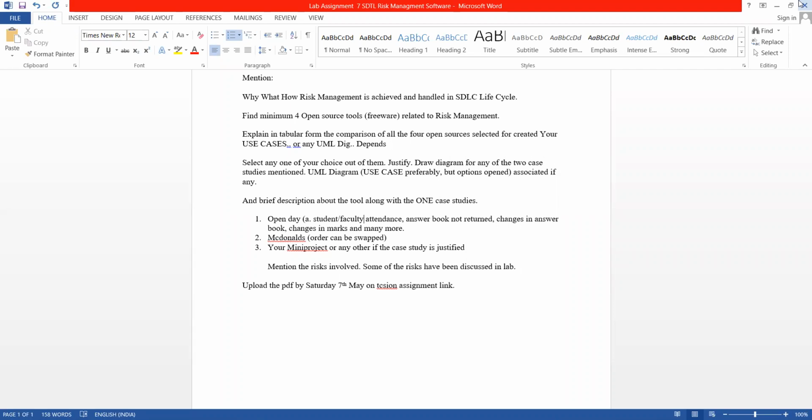So what can be the risk that an answer sheet is not returned, but then changes in the answer sheet can be made, and then the student can say, see ma'am, I had written this, you have given less marks. Okay, then changes in the marks, the student can do manually. So how this risk can be managed, I told you last time that we had already taken the PDFs of your answer sheets.